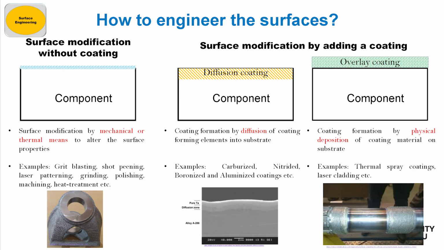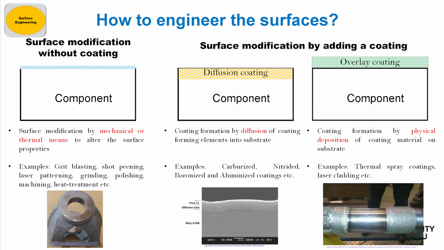And these surface degradation issues need to be better understood and solved, so that the lifespan of the components can be extended. This is also one of the areas that I have been exploring before joining the University of Turku, and I will carry that forward. So how to engineer the surface? There are two ways that you can do that. One is by adding a coating on a component, and the other route is that we do not add a coating, we just modify the surface.